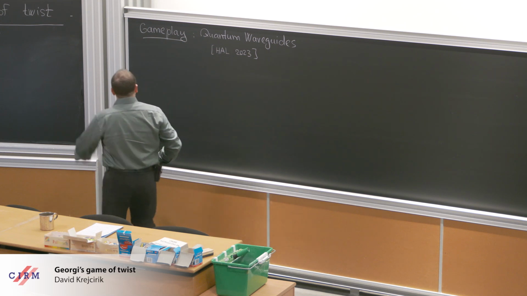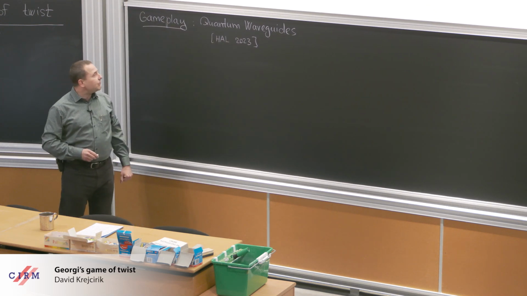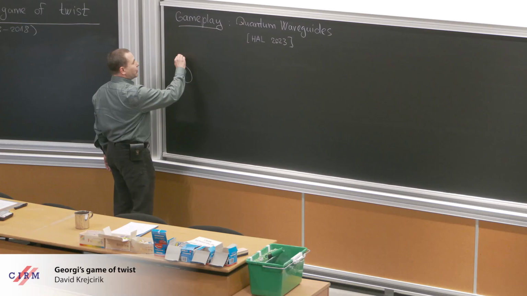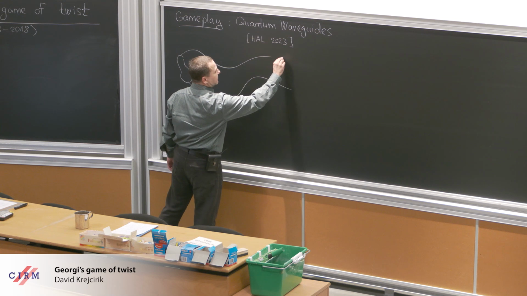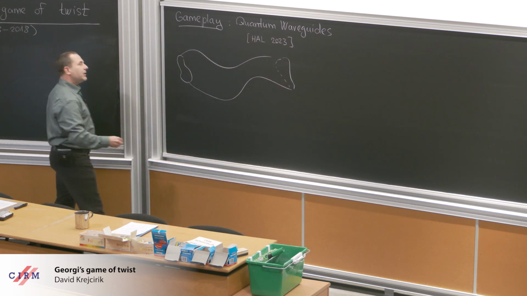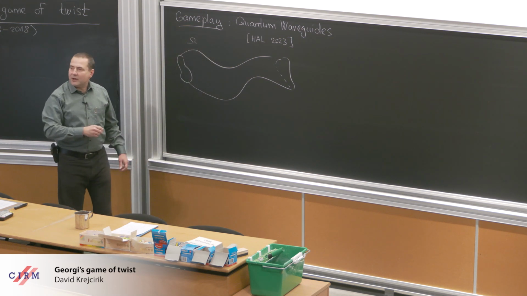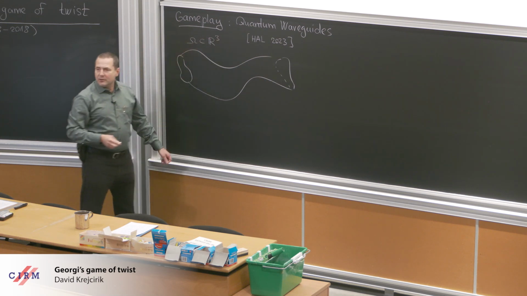So the problem I would like to discuss is as follows. Consider a waveguide. What do I mean? I mean a tube. I will denote it by omega. It will be a subset of R3 for simplicity, and it is unbounded.